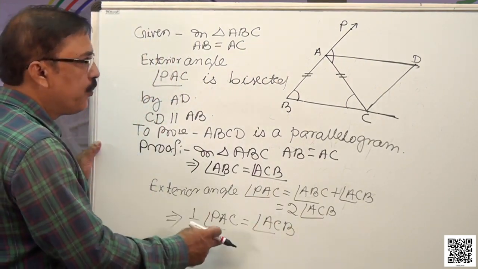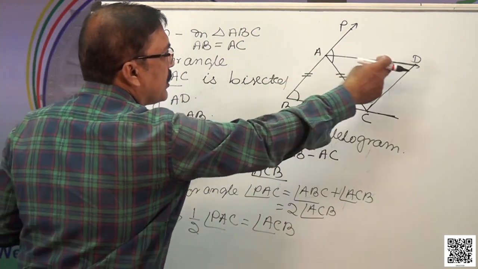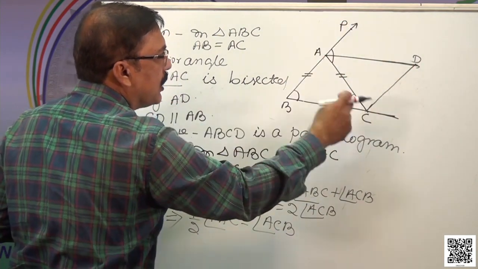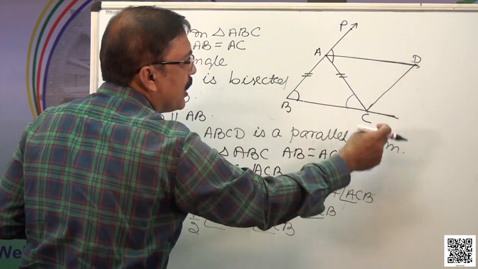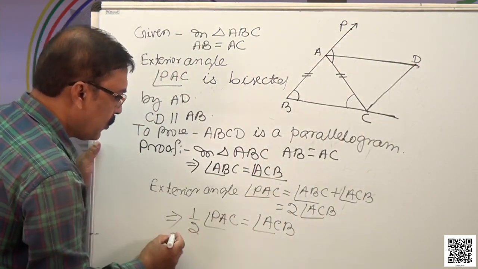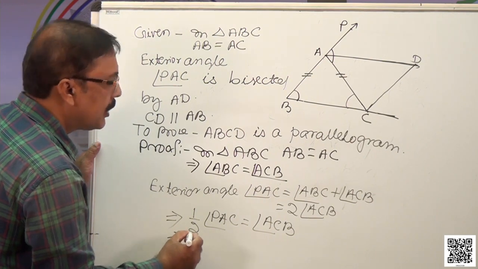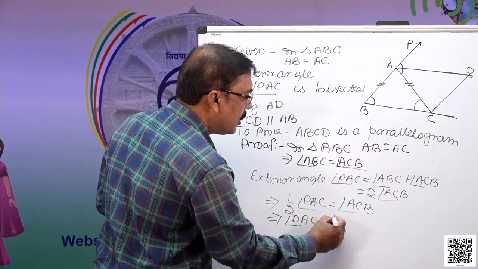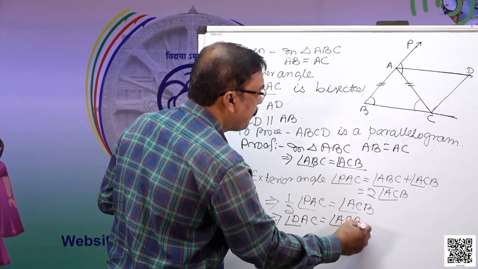What is 1 by 2 PSE? AD is the bisector of angle PSE. So, half PSE equal to DAC. So, in place of half PSE, we can write DAC is equal to ACB.